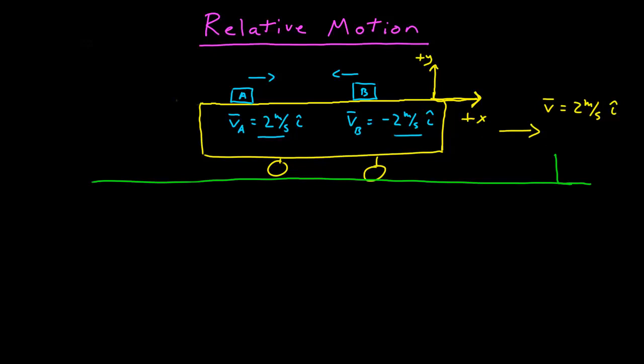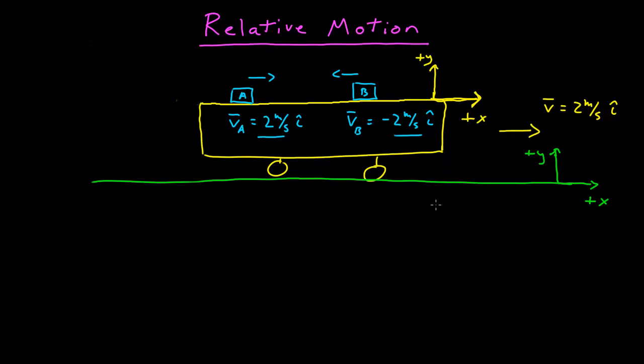And so what we want to do now is set up a second coordinate system. In this one, we say this is a positive x and a positive y. So now we have two coordinate systems that are moving relative to each other. Really what we have is two objects, this train car and the ground, moving relative to each other.